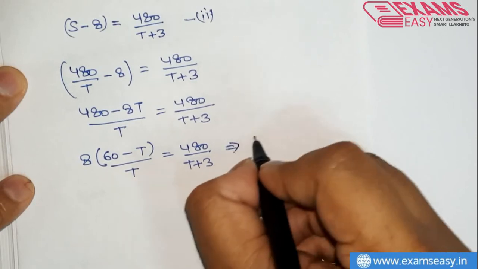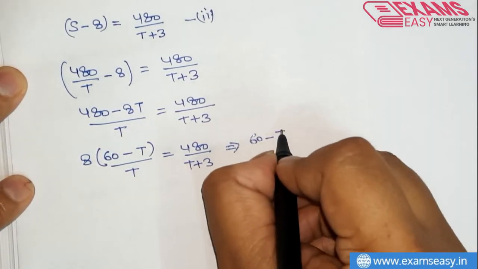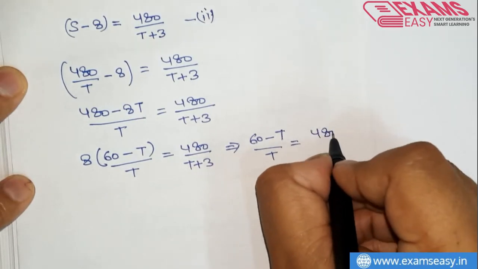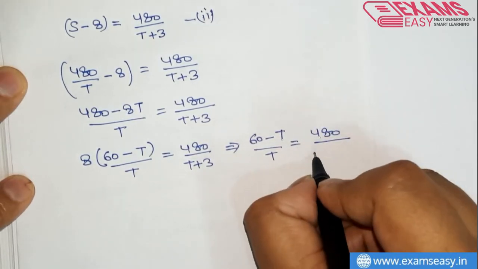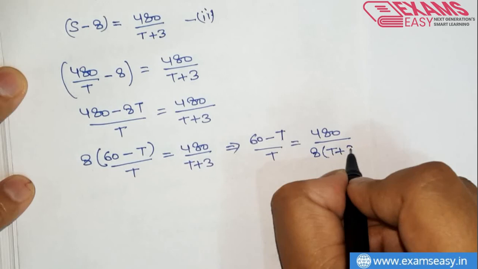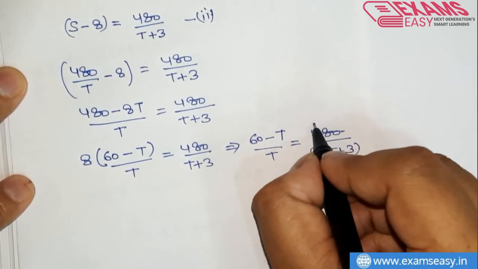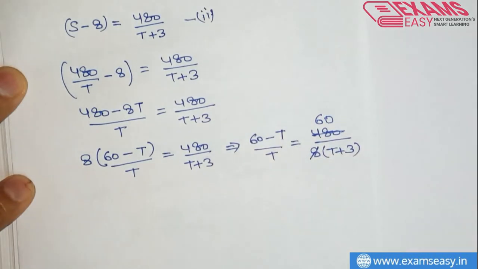So this will become (60 minus t) divided by t is equal to 480 divided by 8 into (t plus 3). So 8 will get cancelled and this will become 60.